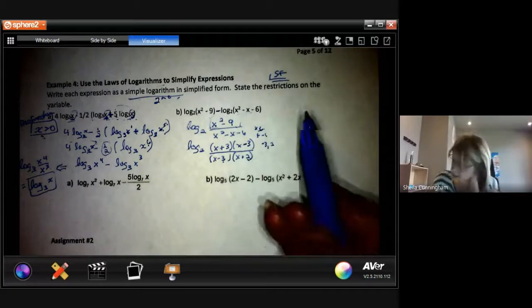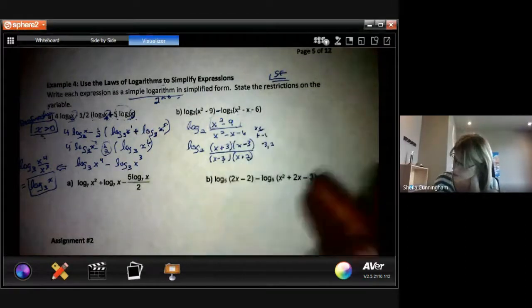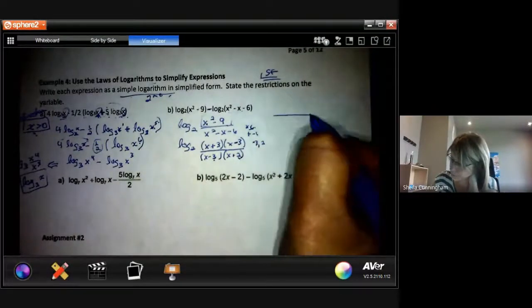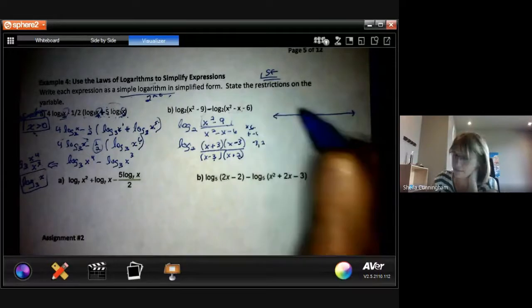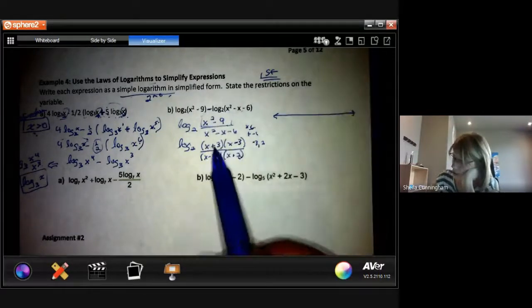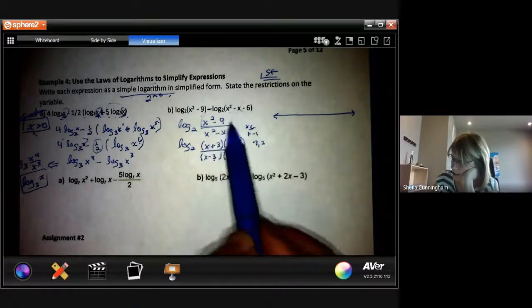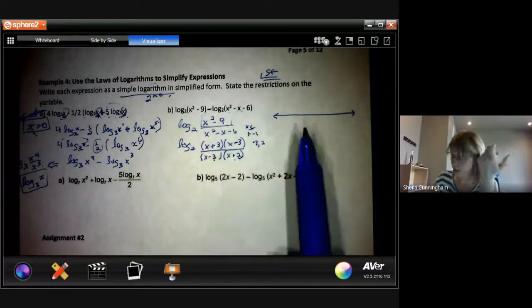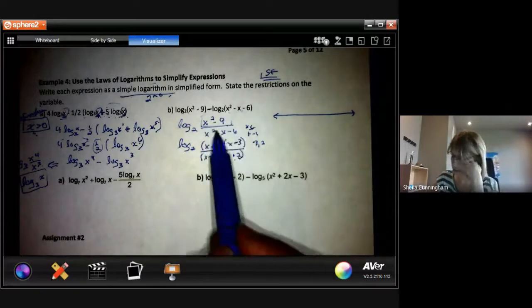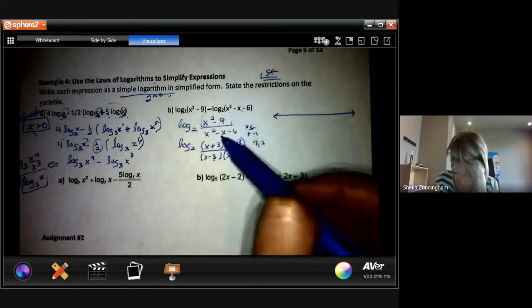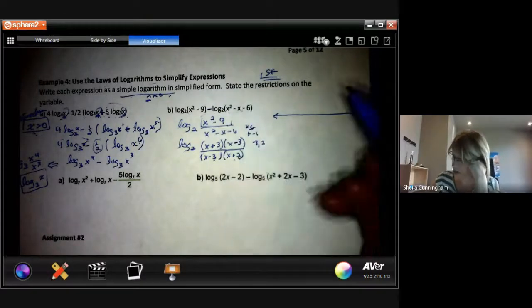So in essence, as I move through this, there's a couple things we have to address. I need to figure out what my restrictions are, and in order to do that, I needed to figure out some values in here. The factoring I did actually helps us find our roots, your x-intercepts per se, of each of these terms, because we've got to look at this as two separate entities when we find our restrictions.